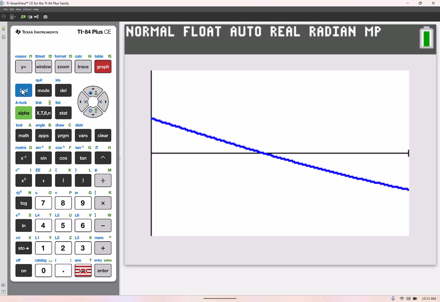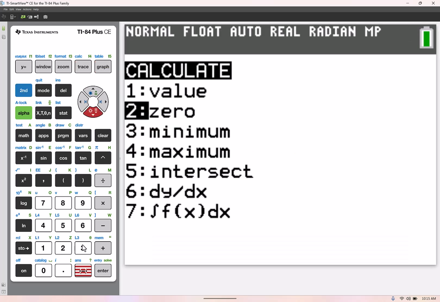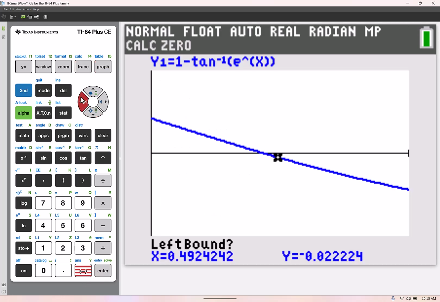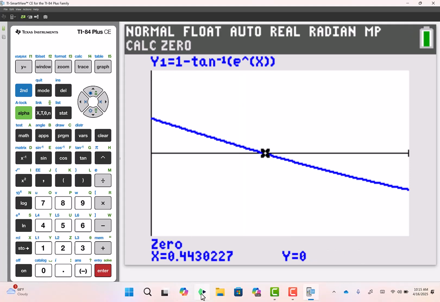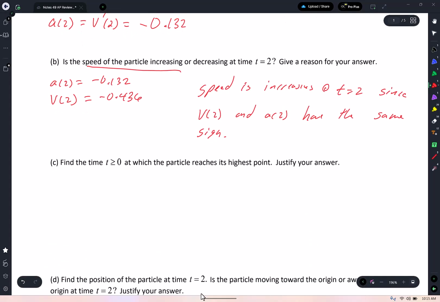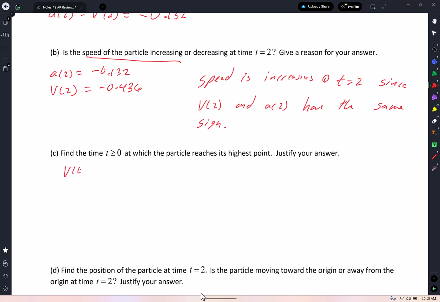I'm going to go second calculate. I'm going to click on 0. And then it says left bound, so I'm going to go to the left. I'm going to push enter. It says right bound. I'm going to go to the right. I'm going to push enter. And there it is, 0.4430. So I'm going to write v of t equals 0.